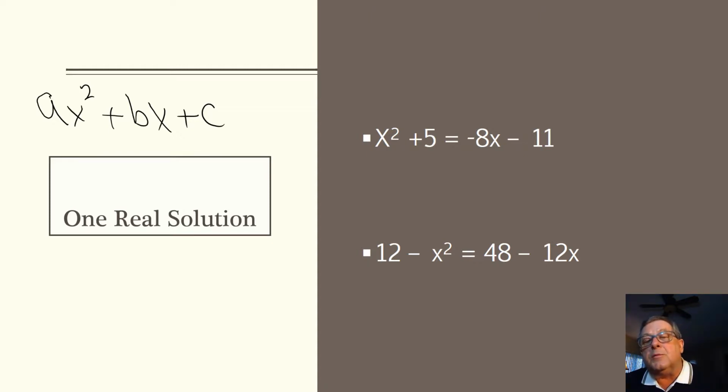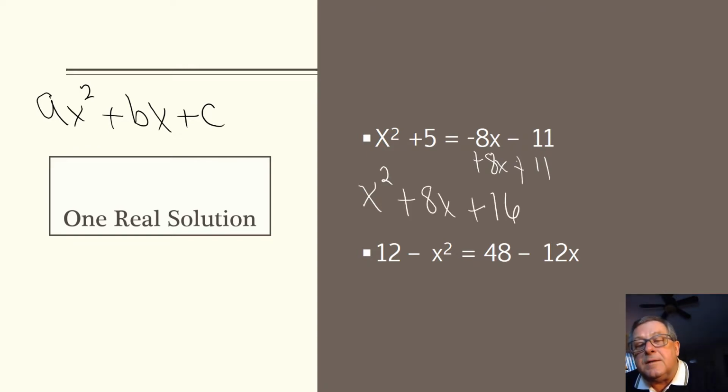I'm going to need to add 8x to both sides, and I'm going to need to add 11 to both sides. Then I've got a little combining of like terms to do. After we do that, we're going to have an equation such as x squared plus 8x plus 16.